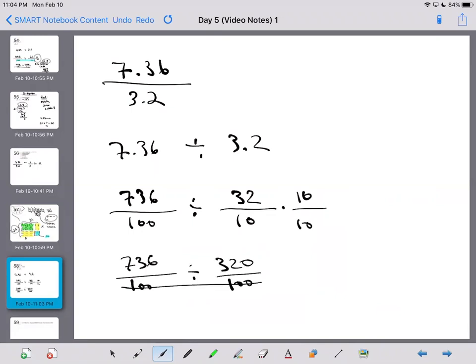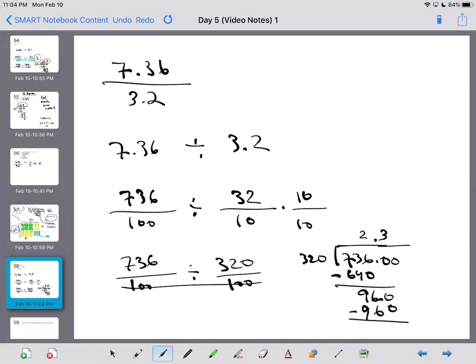These will divide out, and you're left with 736 divided by 320. And I may have to put a couple 0 placeholders for the tenths and hundredths place, but I know that's going to divide twice. So that'll be 640. And that'll be 96 0/10. And that should divide, so 3/10 there, remainder of 0.